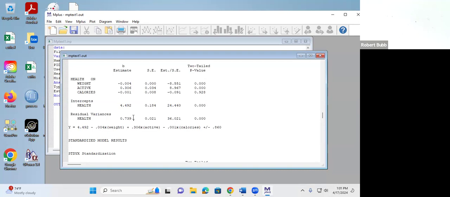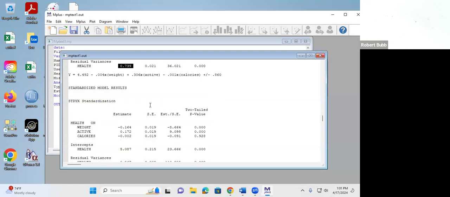Square root of this value, the mean squared error, gives you this 0.86, which is your standard error of the estimate. So just remember, you do have that standard error of the estimate, you just make sure you know where you find it, and make sure you take that square root.